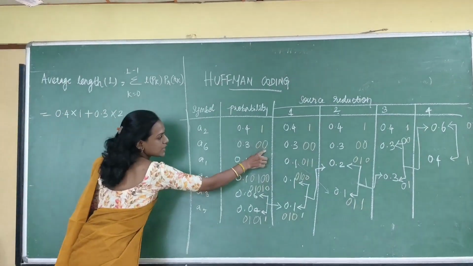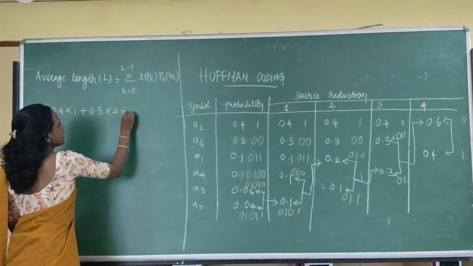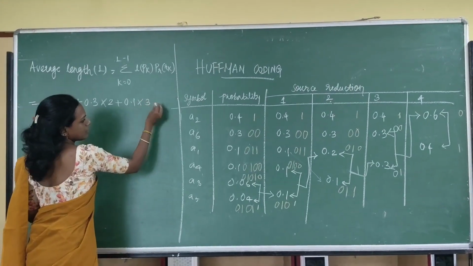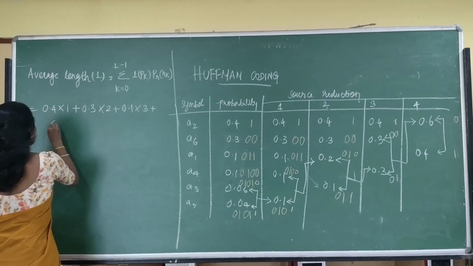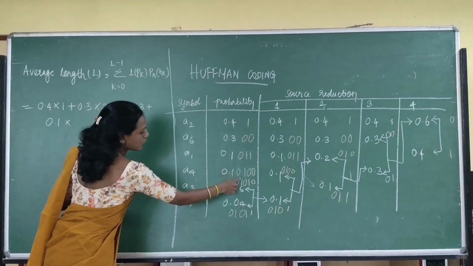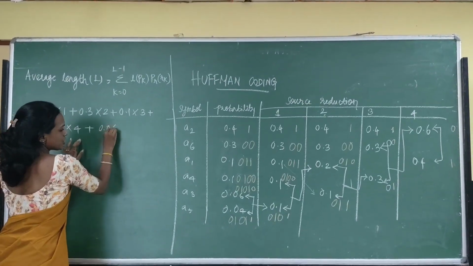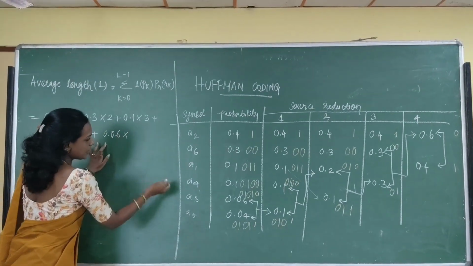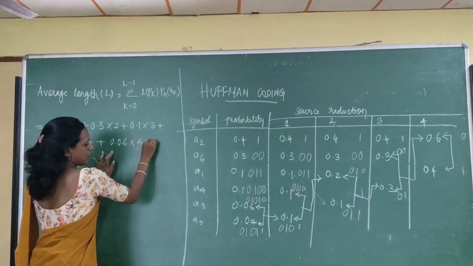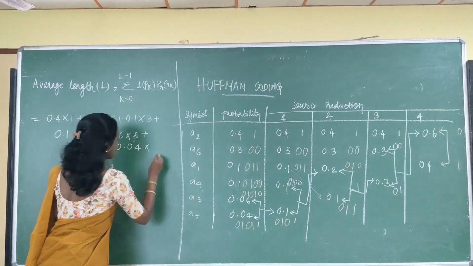Okay, so you have 0 and 0, which means that the length for the code word that we have fixed is 2. Followed by the next probability, 0.1, and the code length is going to be 3. And then we have 0.1 again, and for that 0.1 the code length is going to be 4, plus 0.06 and the code length is going to be 5, plus 0.04 into 5.